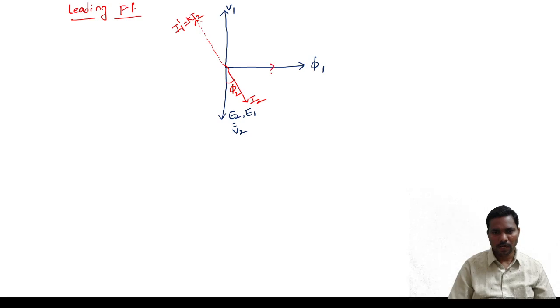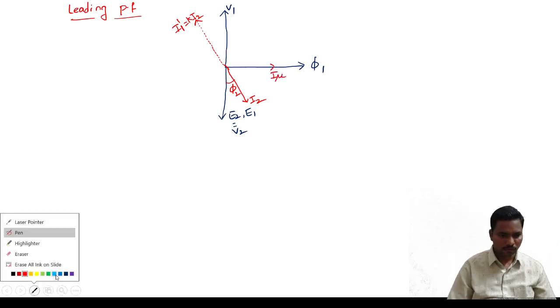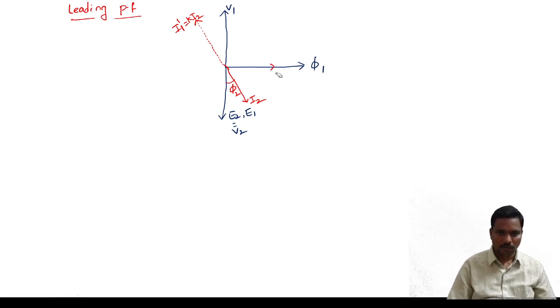Here you have I mu, taking this one in blue color, and I W. The vector sum of these two is I naught, the no load current.